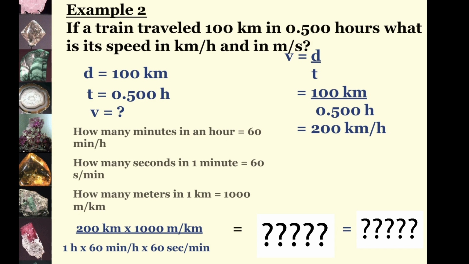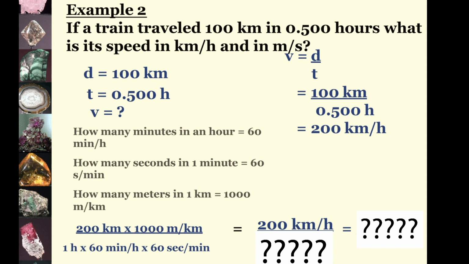So 200 times 1,000 is 200,000 meters. But we're just going to put 200 kilometers here because we're going to look at the bottom number and see why. If you go 60 times 60, you're going to get 3,600.